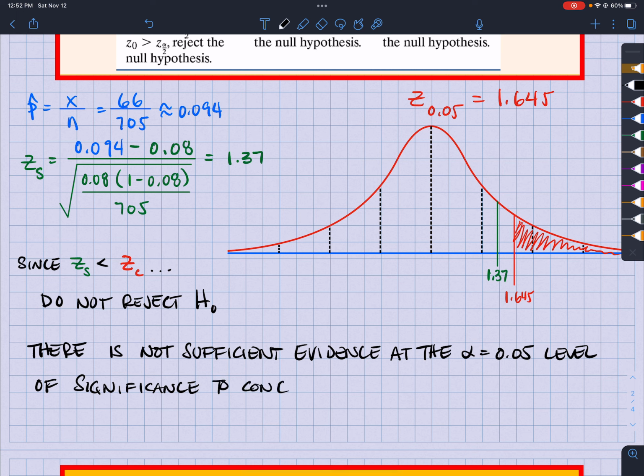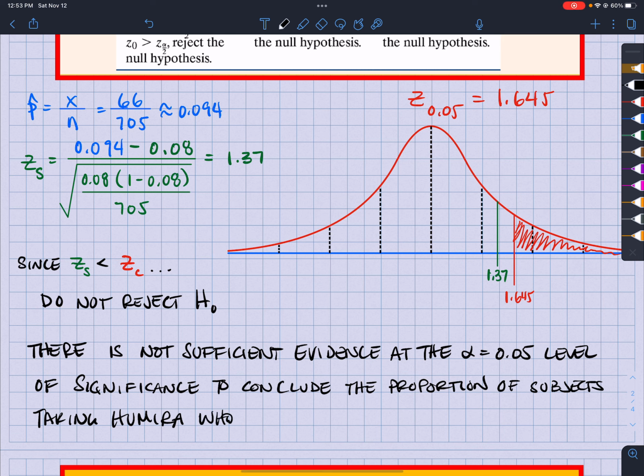To conclude, the proportion of subjects taking Humira who experience nausea is greater than 0.08.